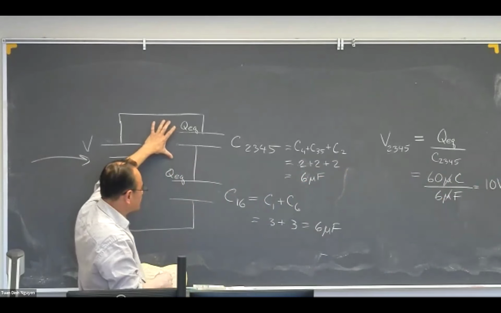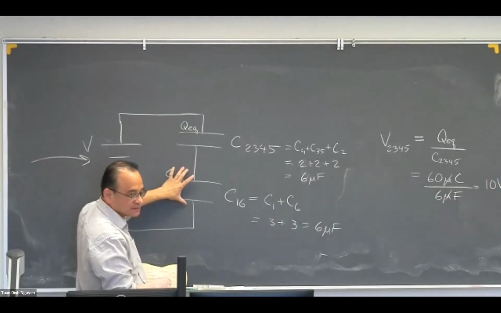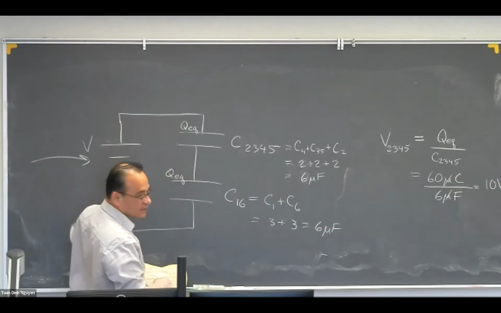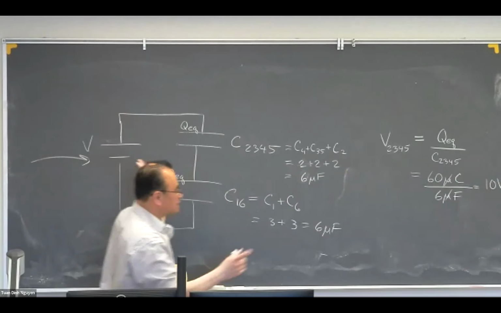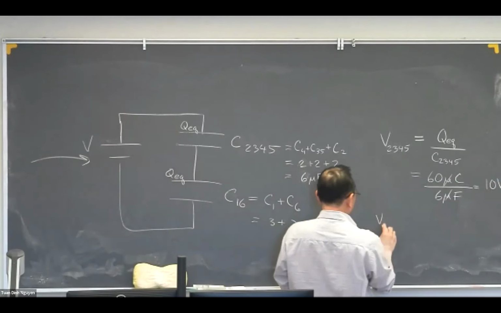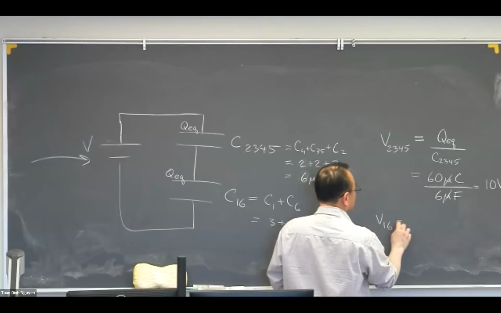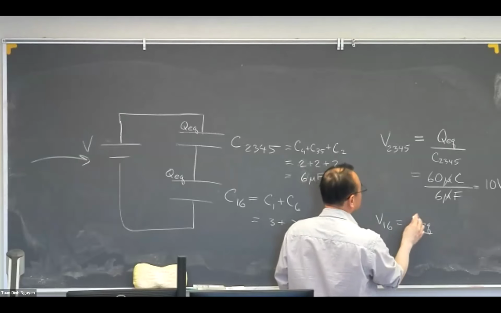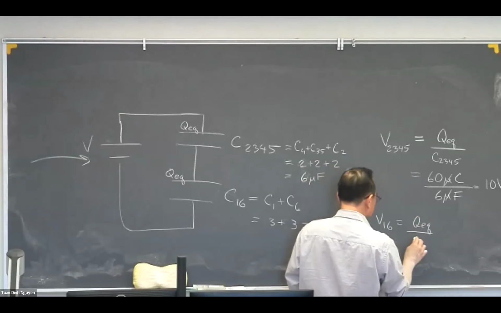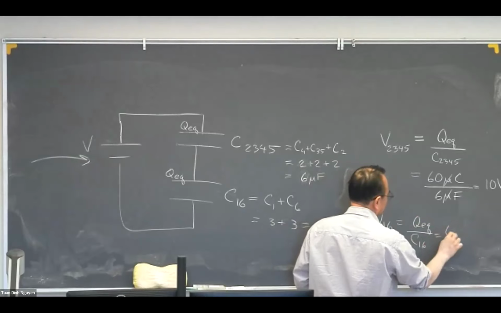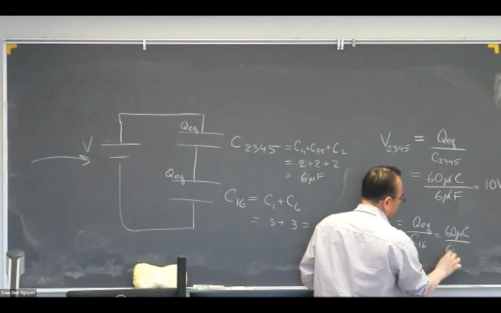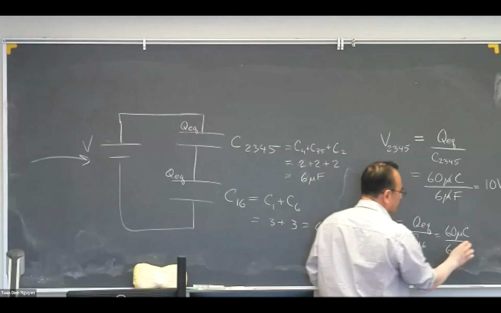Now, already knowing this is 10, what do you think this has to be? Yeah, because they have to both add up to 20. Okay, but let's say you didn't know that. So V16 is Q equivalent over C16. That's 60 microcoulombs over 6 microfarads, the same.